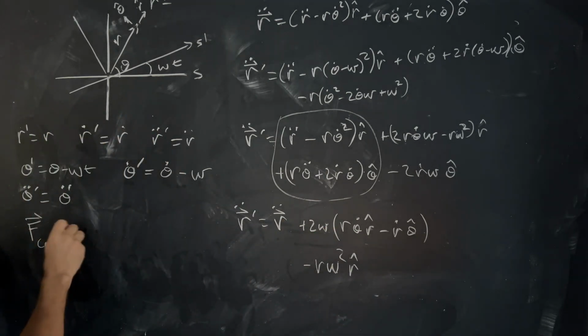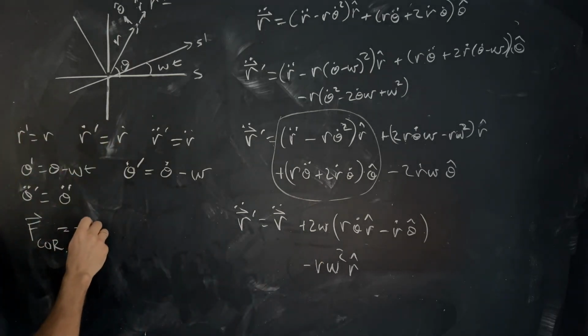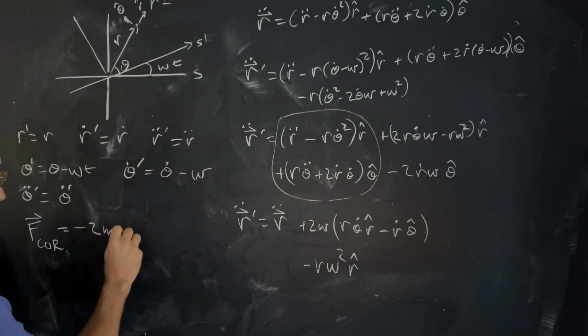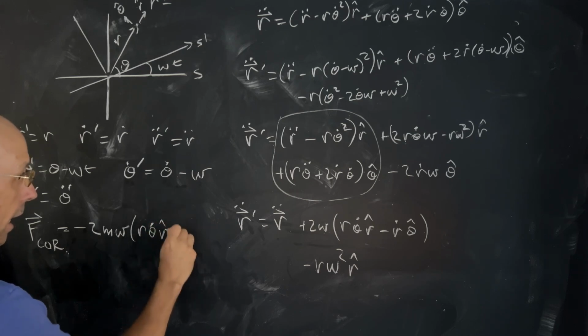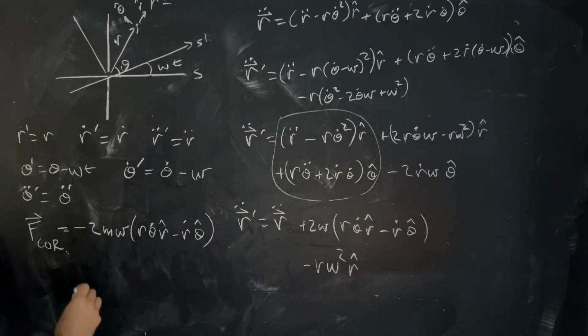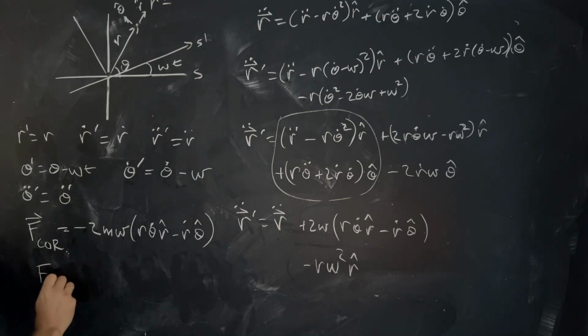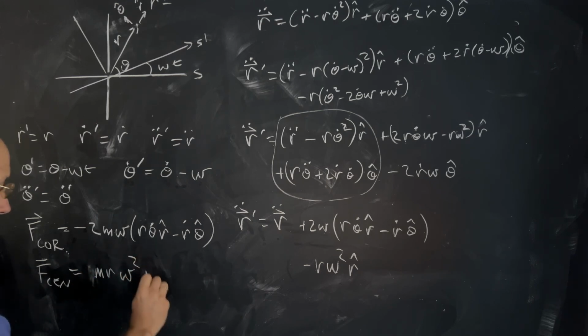F core is going to be negative, now I have to multiply it by the mass, negative 2m omega (r theta dot r hat minus r dot theta hat), and then F centrifugal is m r omega squared r hat.